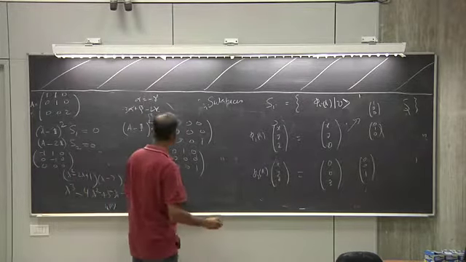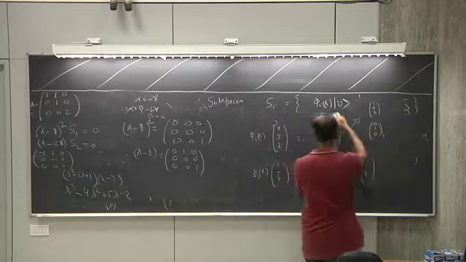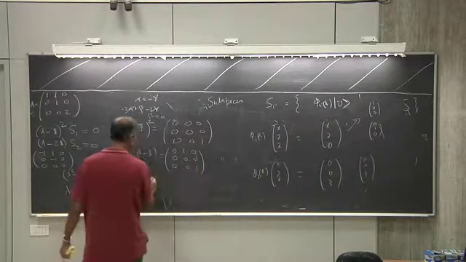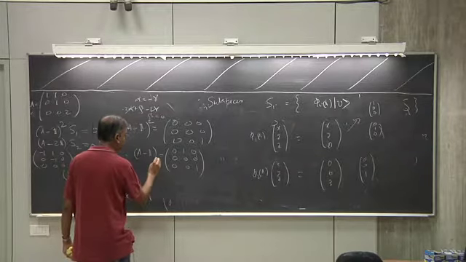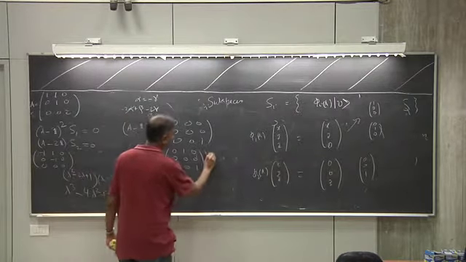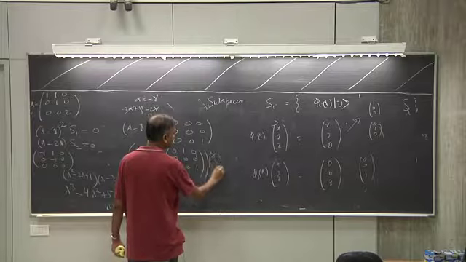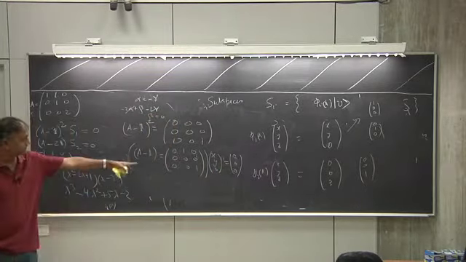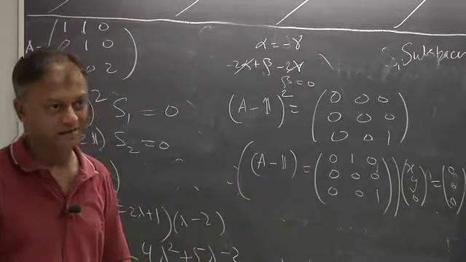And we are applying it on this subspace S1. So let's ask the question whether this acting on x, y, 0 is equal to 0, 0, 0. If you can find something like that, that would be an ordinary eigenvector of rank 1.